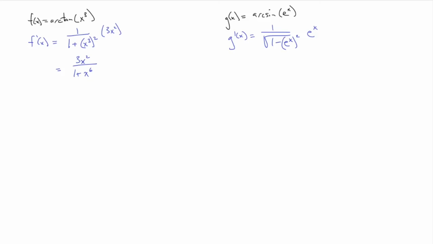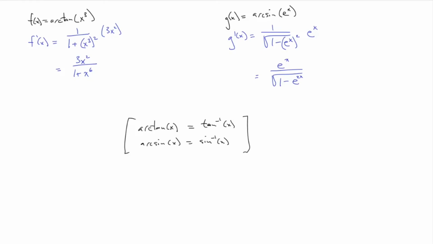And once again, we should simplify. And similarly, you shouldn't leave e to the x all squared like that. By the properties of exponents, the exponents multiply in that situation, and you get e to the 2x. This is a common property of exponents that will show up all the time, and you want to make sure that you're comfortable with it.